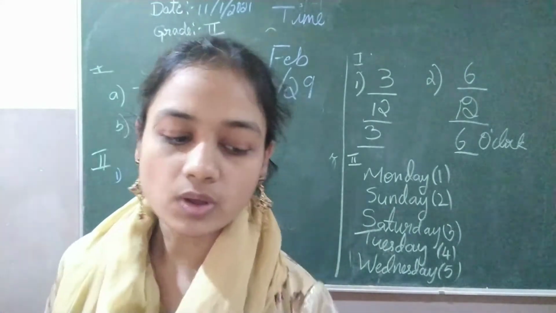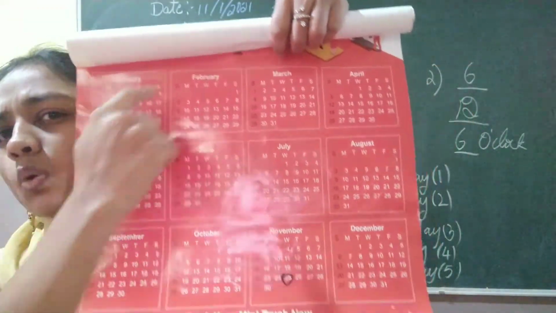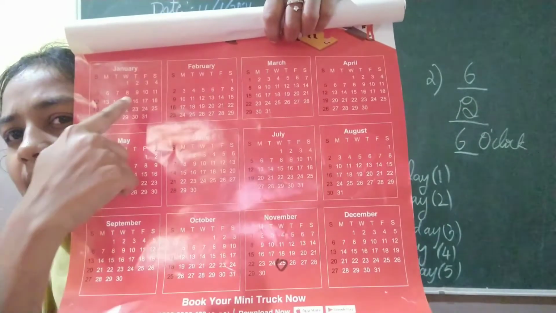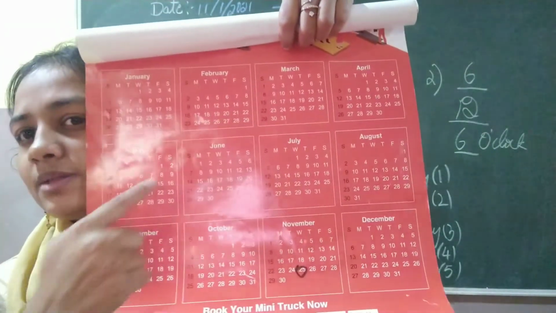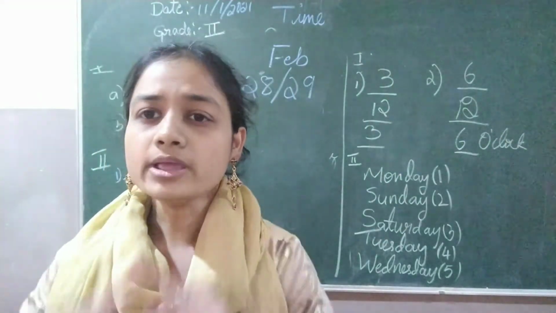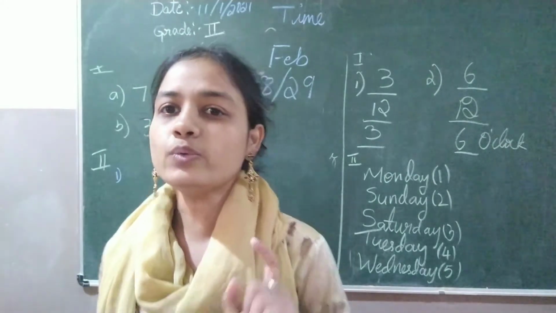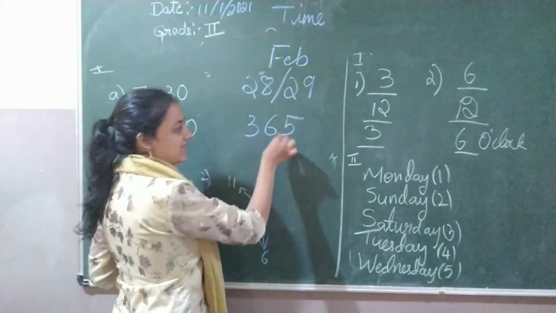So now we saw in each month how many days you have. So totally here how many days are there? 31 plus 28 plus 31 plus 30 plus 31 plus 30. It goes on adding. So I'll give you the total number. In 1 year you will have 365 days.